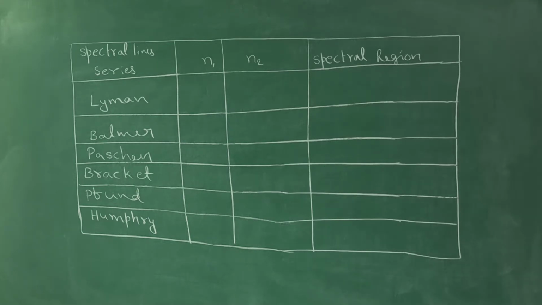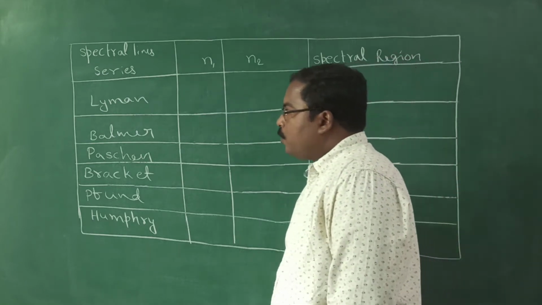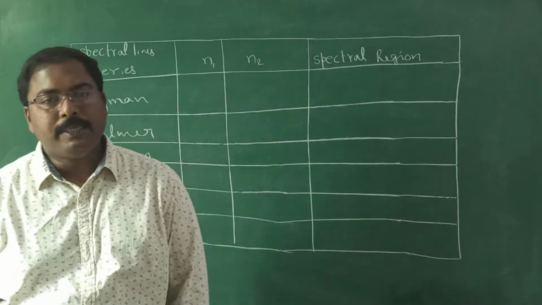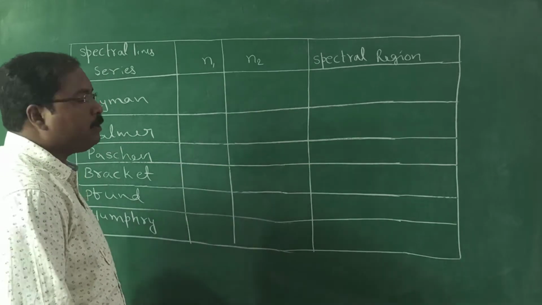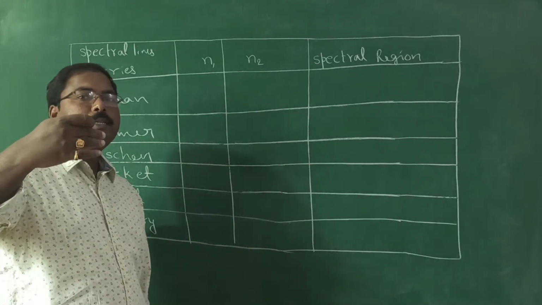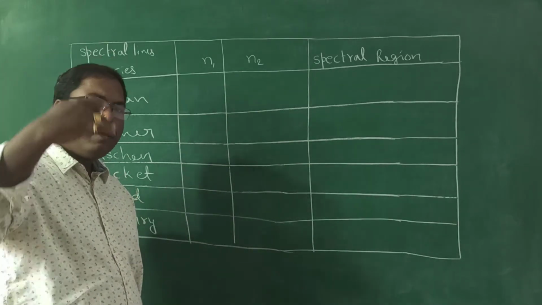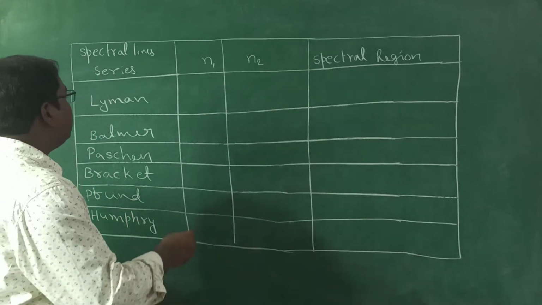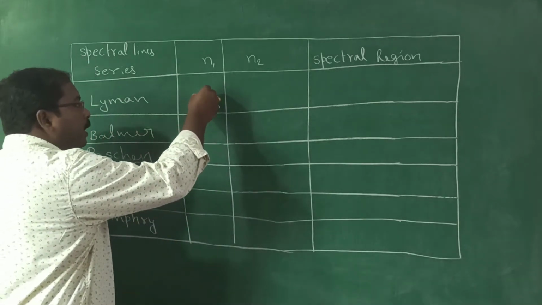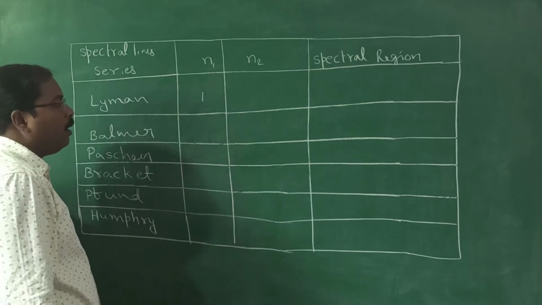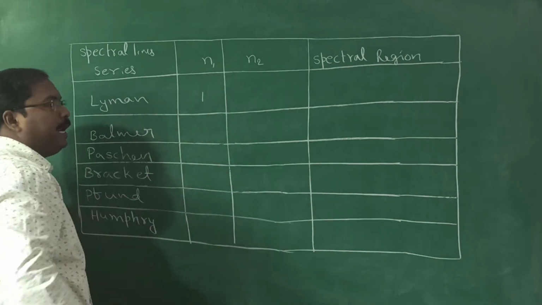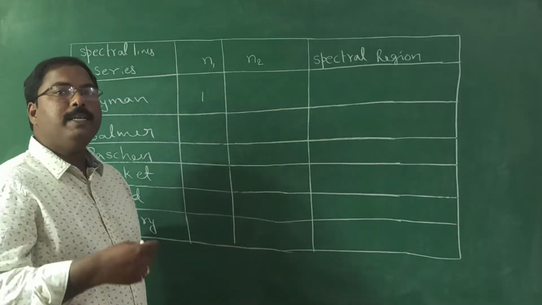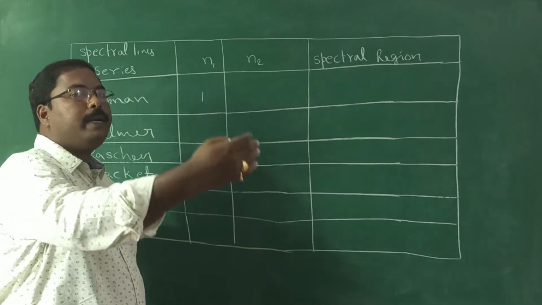Now, first draw the table and look at this. Now, coming to the Lyman series. Lyman series means when the electron jumps from any orbit to the first orbit. So first orbit means n1 is 1. What about n2? n2 means from any orbit to the first orbit.